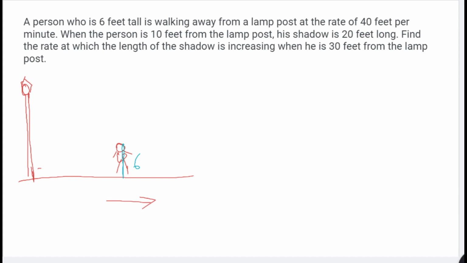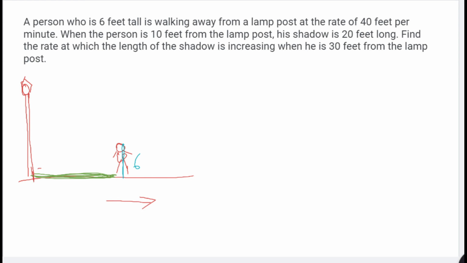Walking away from a lamppost at the rate of 40 feet per minute. What does it mean? Well, it means this distance is changing.